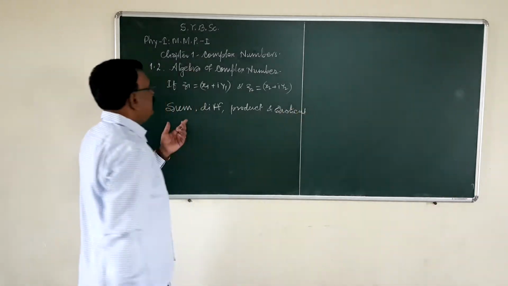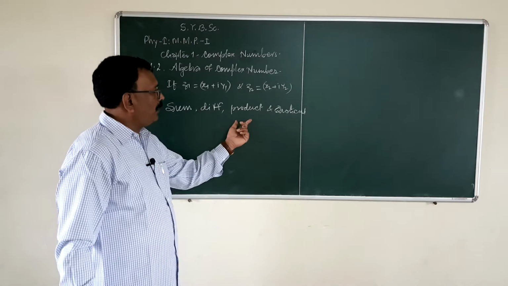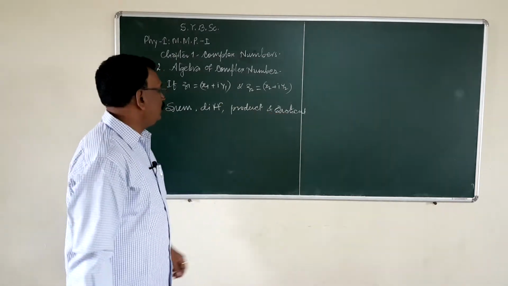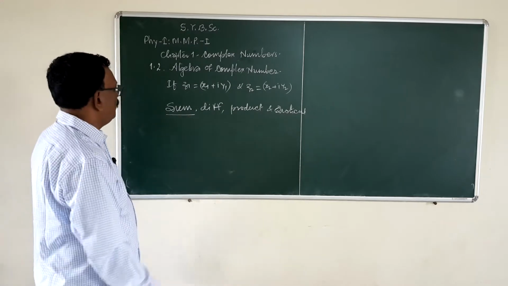That is addition of two complex numbers, subtraction of two complex numbers, product of two complex numbers and division of two complex numbers. We are going to see the first mathematical operation, sum.